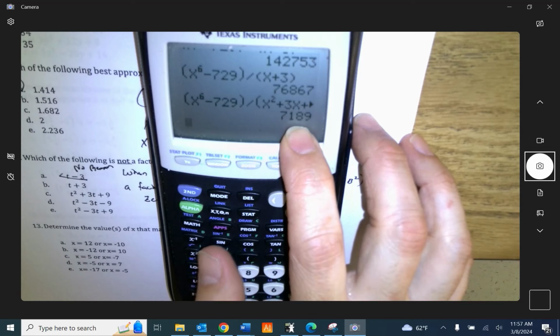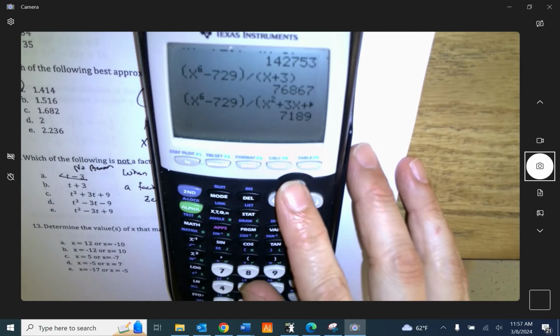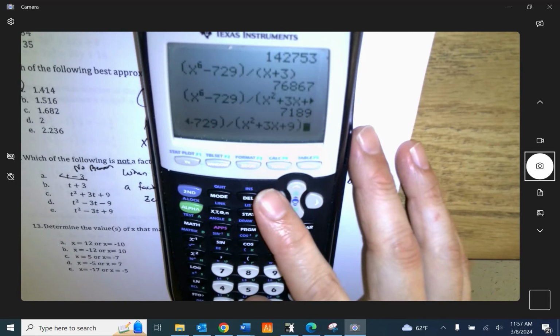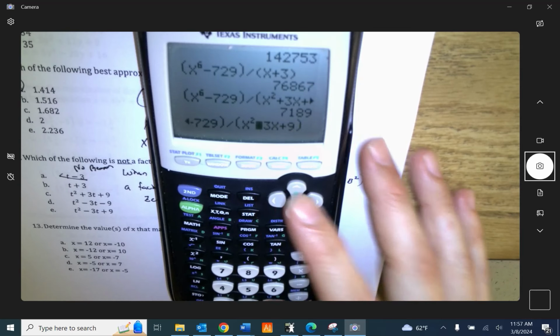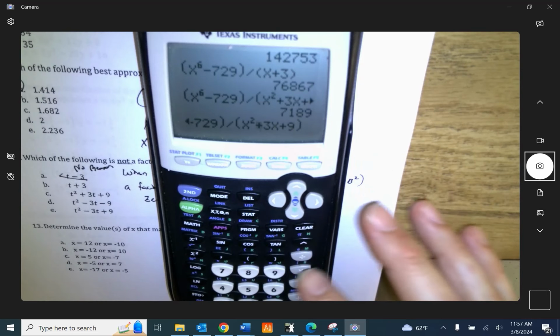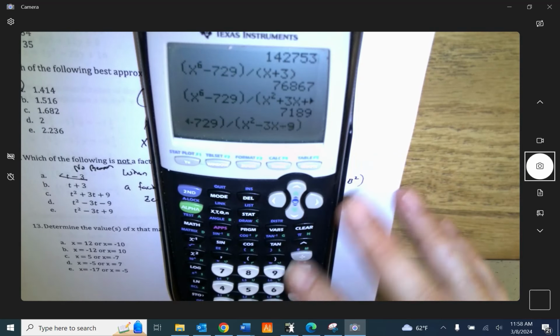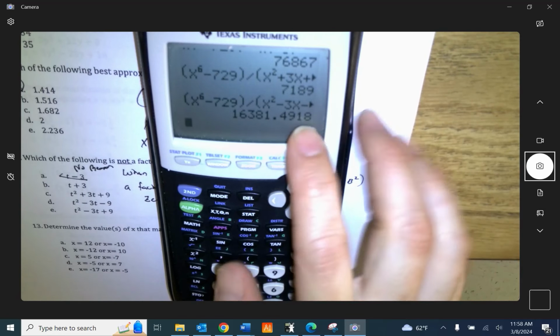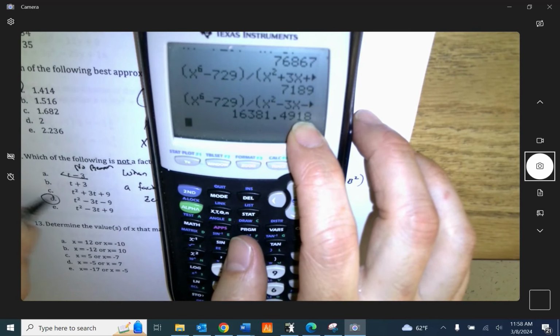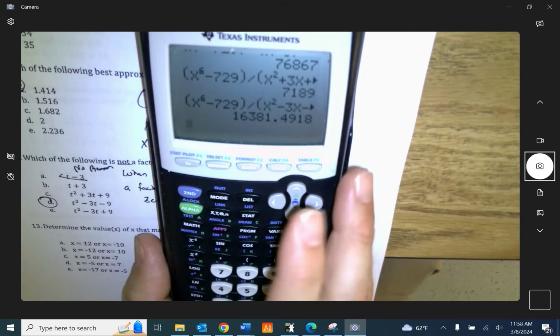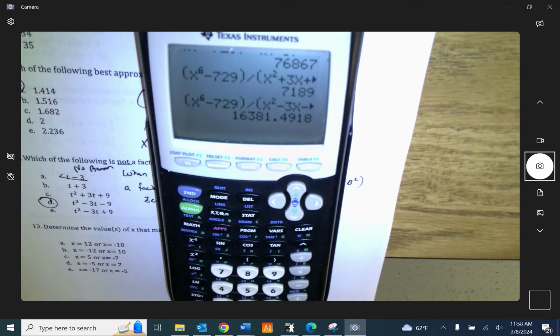Clean division again. All right, let's check that minus 3t minus 9. Decimal. Choice D. Decimal. Kind of a neat little trick there.